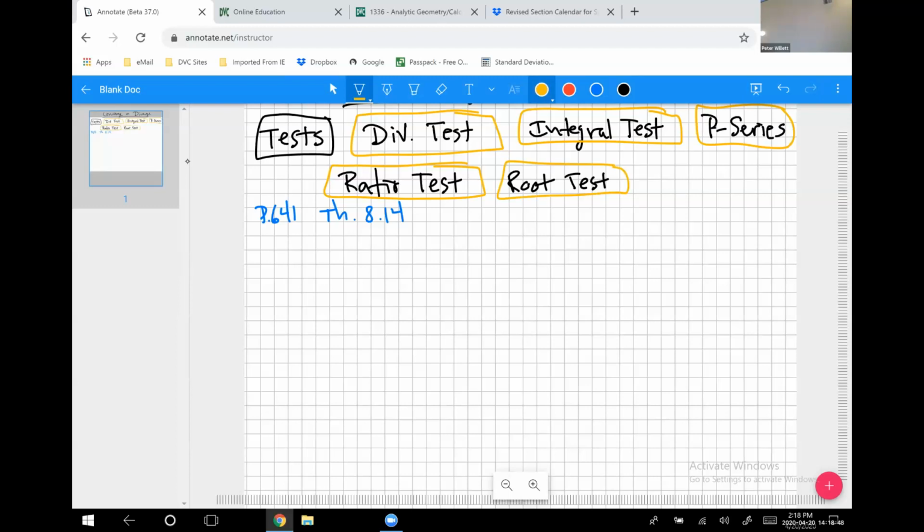Then we have a comparison test. Then we have the limit comparison test.